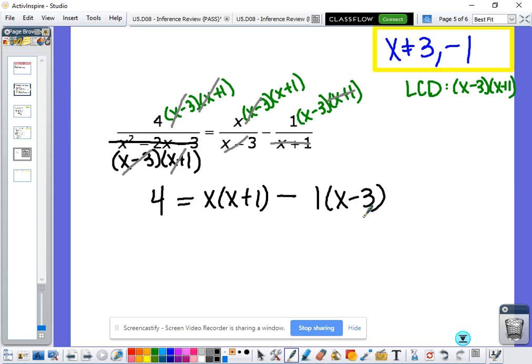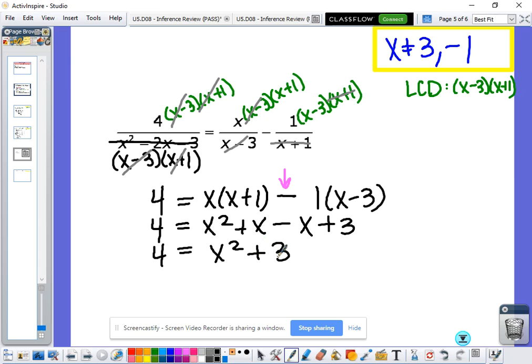Now we'll distribute through and be extra careful, especially because of this minus sign. When I distribute through, I get x squared plus x, and I'm going to distribute the negative 1 through, so minus x plus 3. Then we'll combine like terms. X squared plus 3 is what is resulting on the right side.